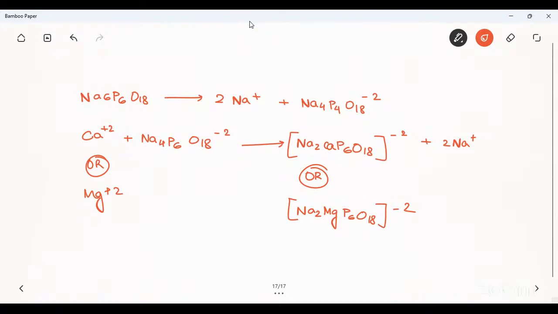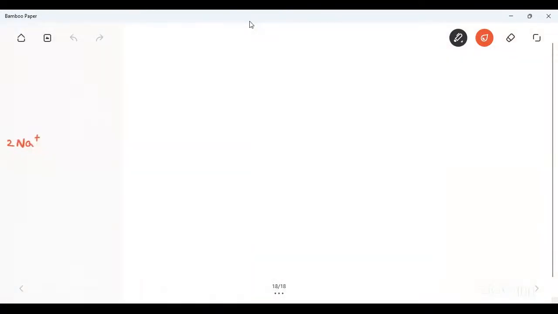So these are the questions that have come in your exam. Apart from this, there is one more question: what is PAN, and what is the effect caused by PAN?